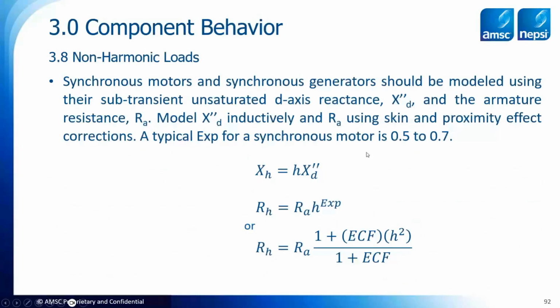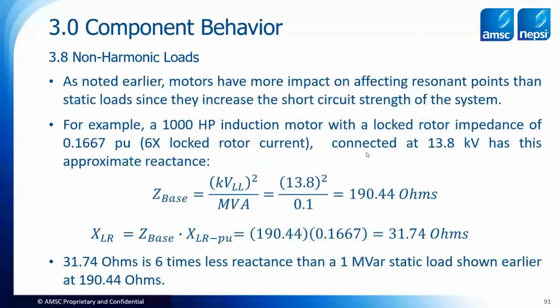Now, as I was just discussing, how much more effect motors have than static loads. For example, let's look at this. A 1,000 horsepower induction motor with a locked rotor impedance of 0.1667, which is 6 times locked rotor, connected at 13.8 kV, has this approximate reactance right here, 31.74 ohms. Compare this to the 1 megavar static load, which is 1 MVA.